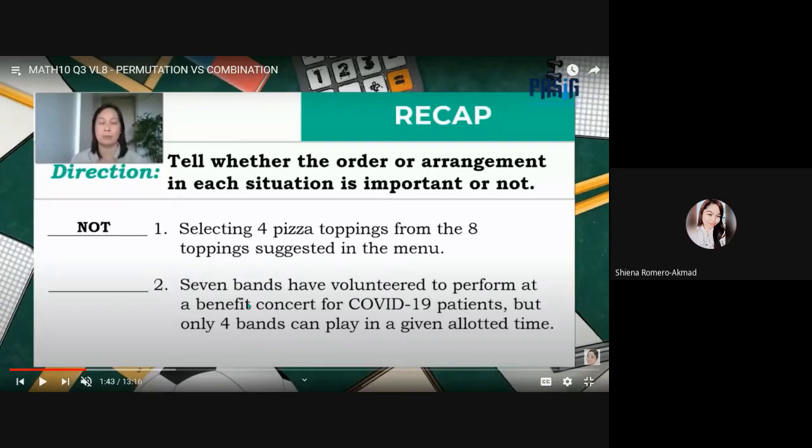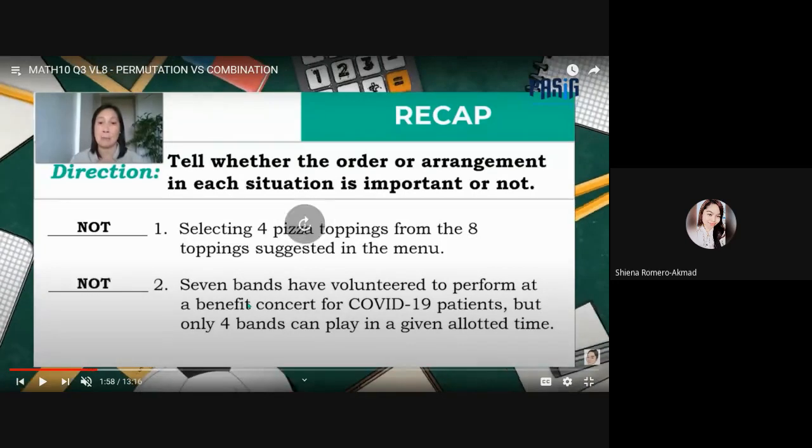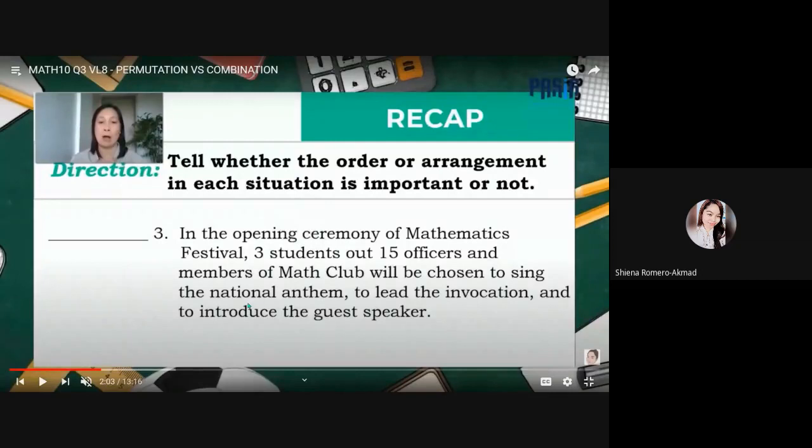Wala silang pakialam kung sinong mauna, pangalawa, pangatlo, pang-apat, and so on. Kung maiwan man yung tatlo, okay lang kasi they are just volunteers. So that's the explanation for number 2. Order doesn't matter in number 2.